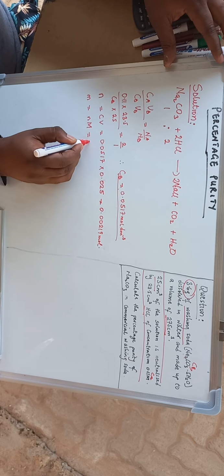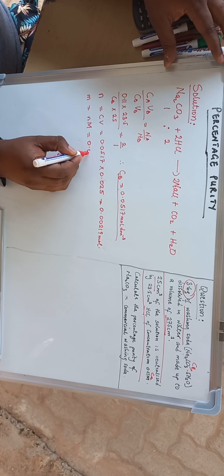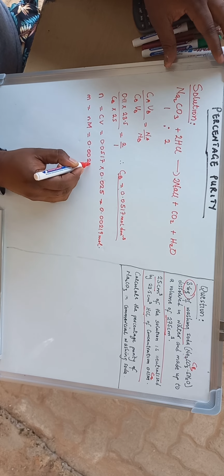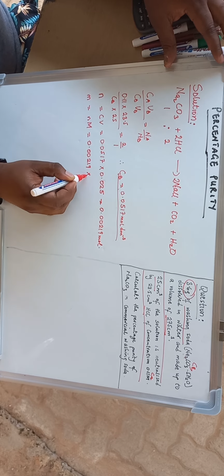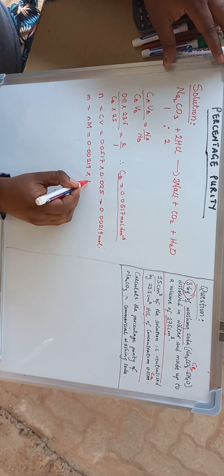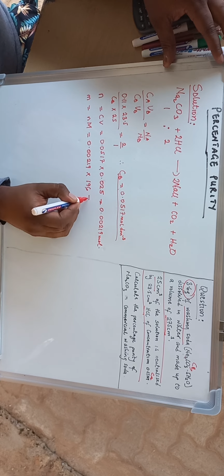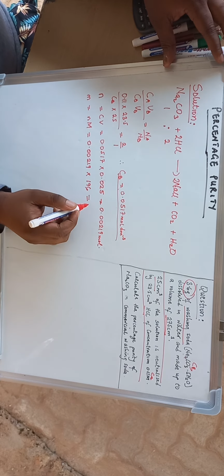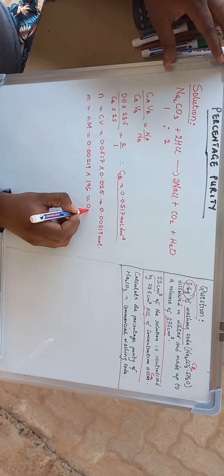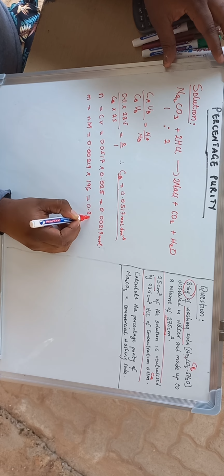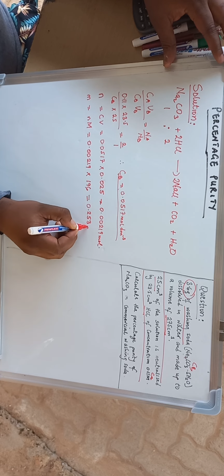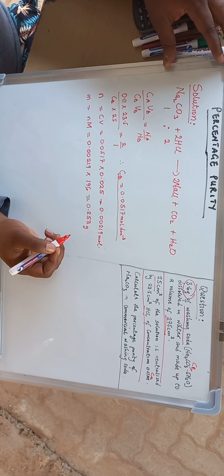So I take 0.00219, which is the number of moles, and multiply by the molar mass of the sample, which we are given. So we get 0.253 grams.